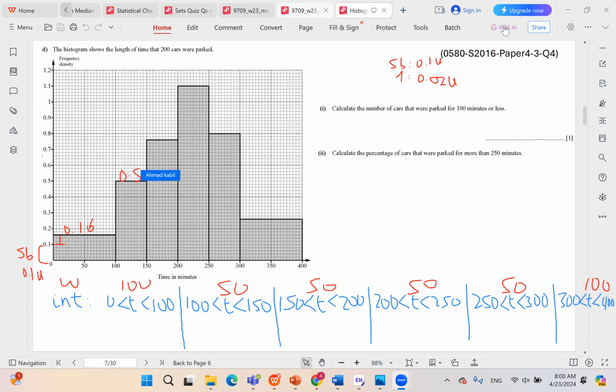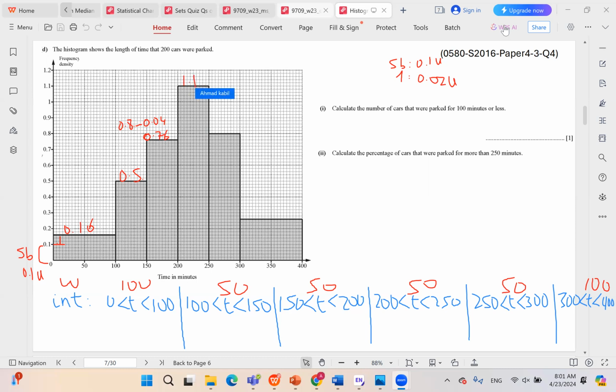For the third bar, it's slightly below the 0.8, 2 boxes below. So we're going to subtract 0.8 minus 2 boxes, so minus 0.04, and that gives us 0.76. For the next bar, it's exactly at 1.1, so we don't need to do any calculations here.